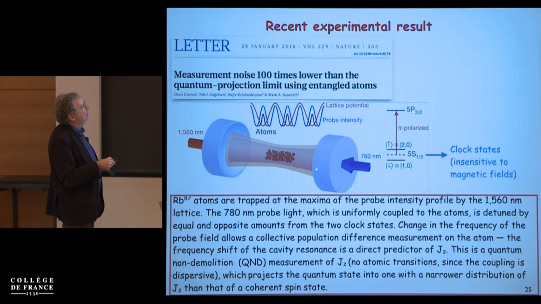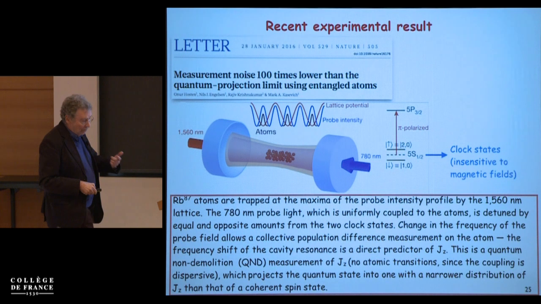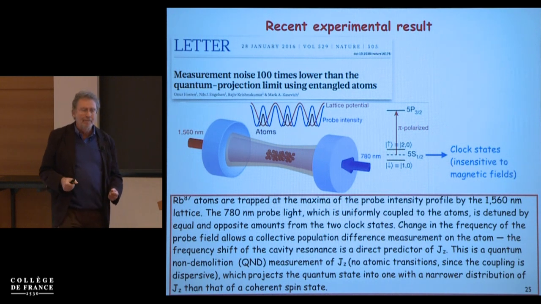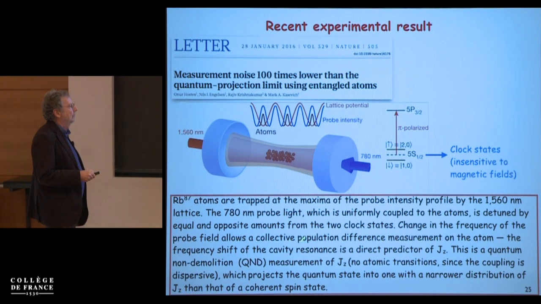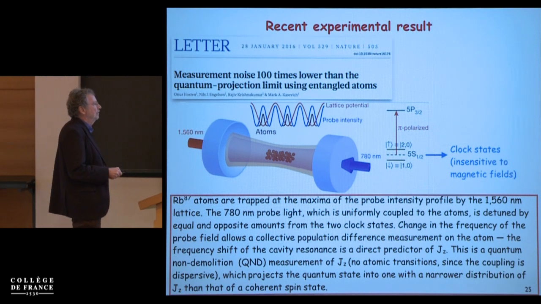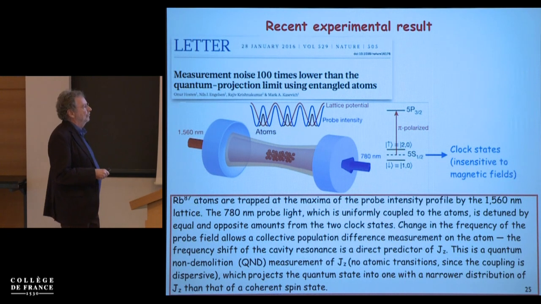So by measuring the frequency of this field by a homodyning process, you can know what is the state of the atom. So that's actually a measurement of Jz, the Z component of the angular momentum of the collection of atoms.